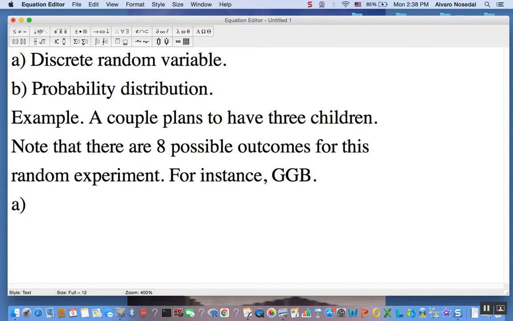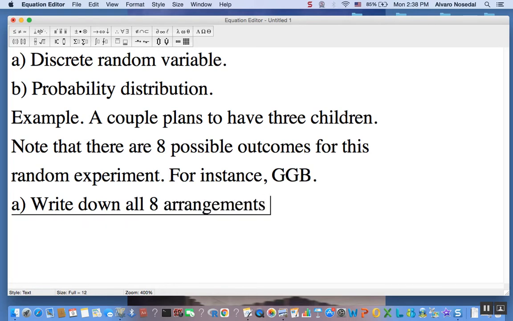So the questions that we would like to answer are these. We want to write down all 8 arrangements of the sexes of these 3 children.